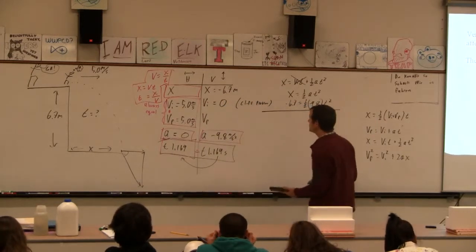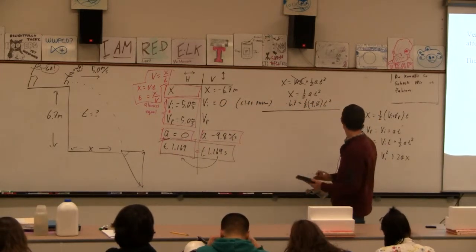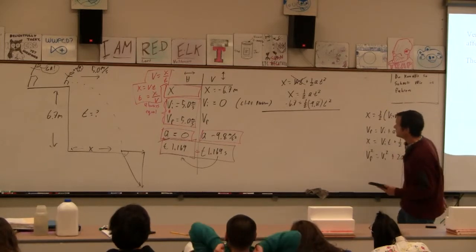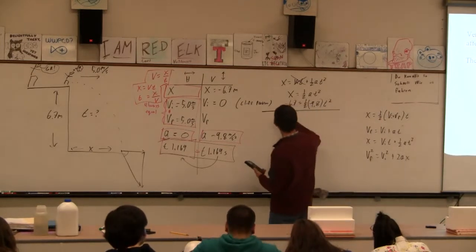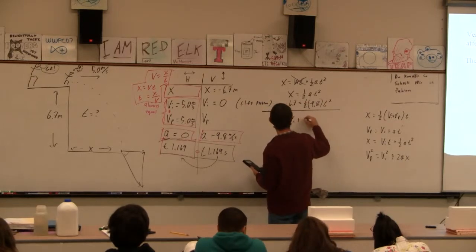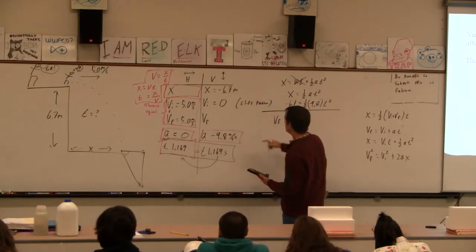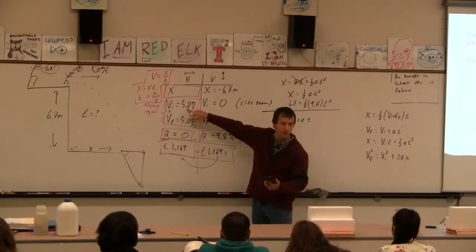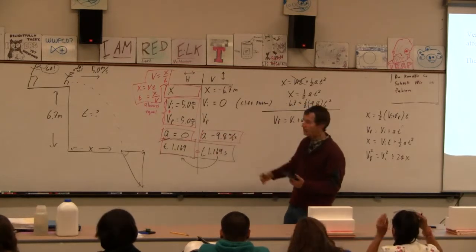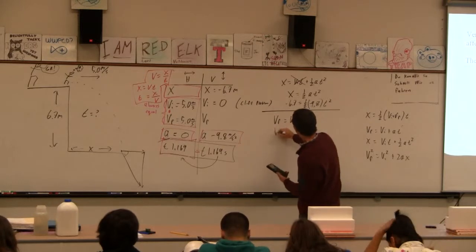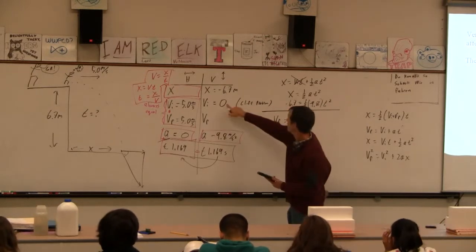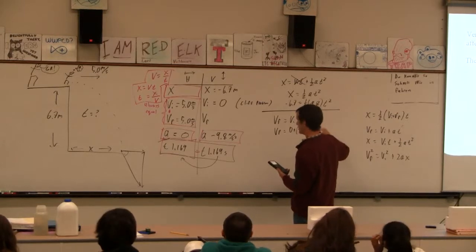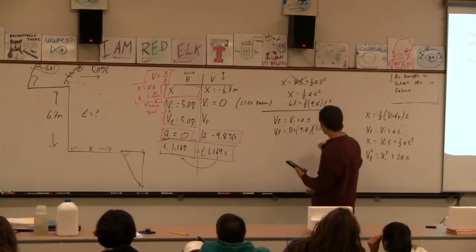Okay? My choice at this point, you could just use VF as VI plus AT. Maybe I'll just use that. It doesn't really matter. VF is VI plus AT, right? The initial velocity is 0. Notice I'm not going to use that. Don't use this because it doesn't go with vertical. I'm doing vertical stuff now, right? So I go VF is 0 plus negative 9.8 times 1.169.